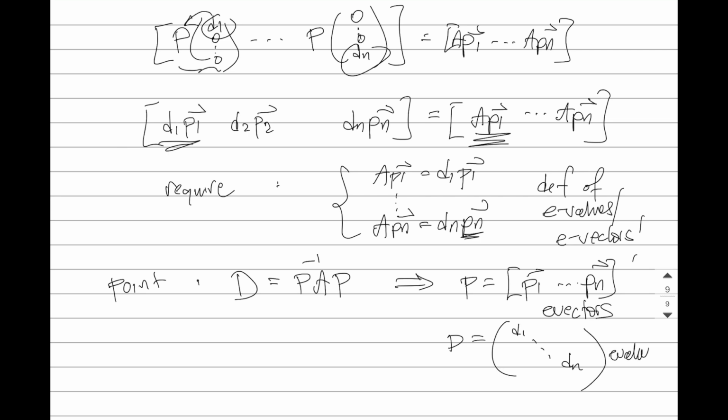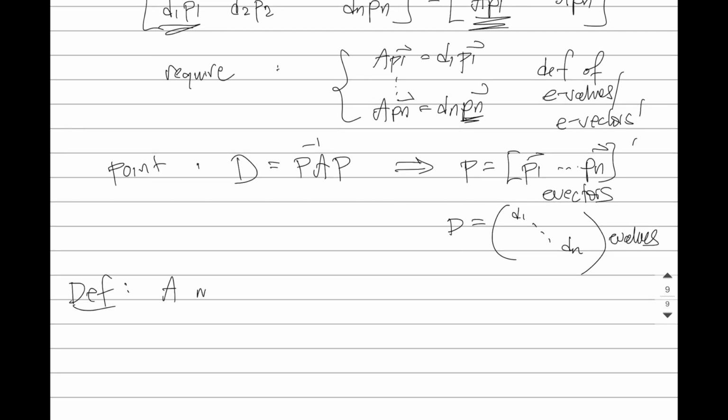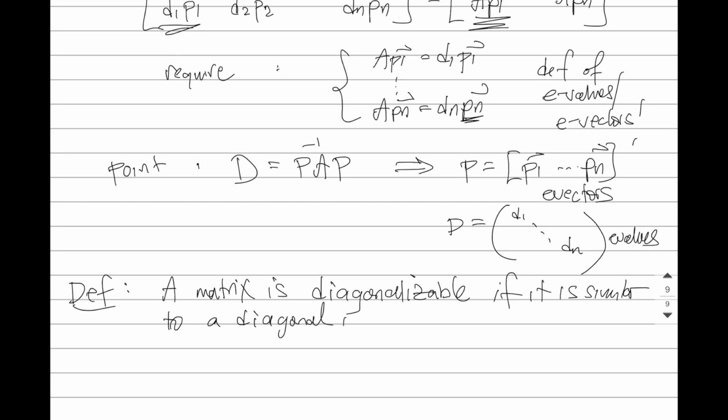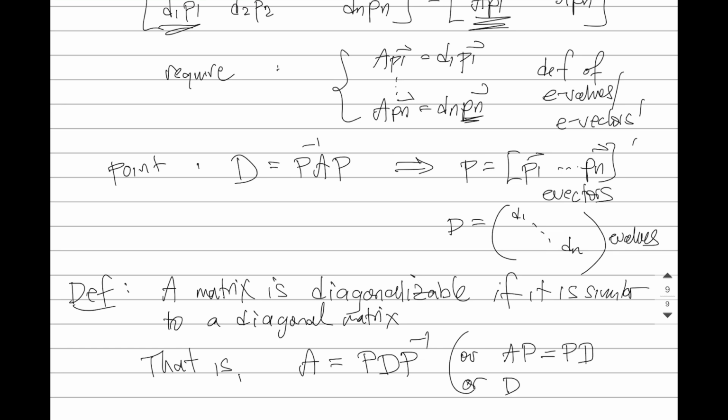This leads us to an important definition. We're going to say that a matrix A is diagonalizable if it is similar to a diagonal matrix. If you are similar to a diagonal matrix, that means you are able to write this as A equals PDP inverse, or you can write this as AP equals PD, or you can write this as D is P inverse AP.